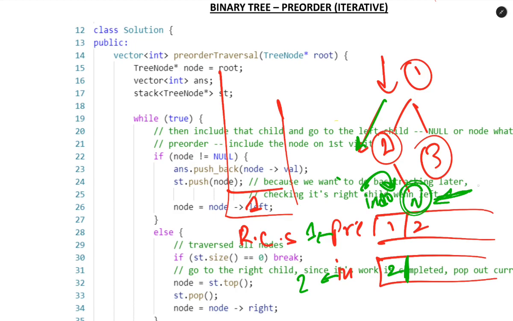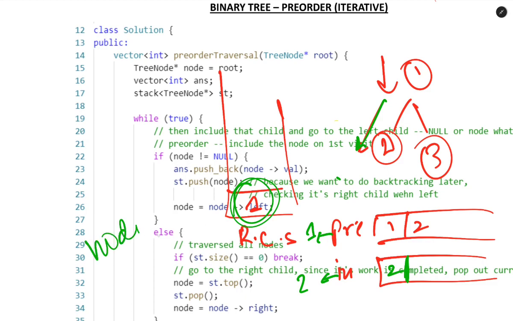Since this is also null, we will look at the stack top element. This is 1, right? So now my node will point to 1, and I will remove 1 if I get a null node.